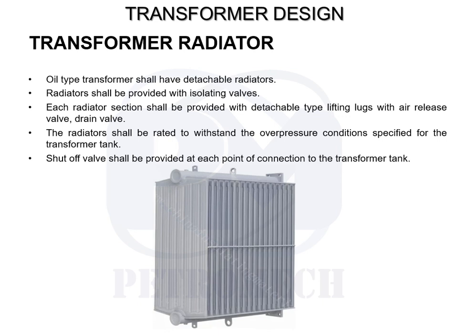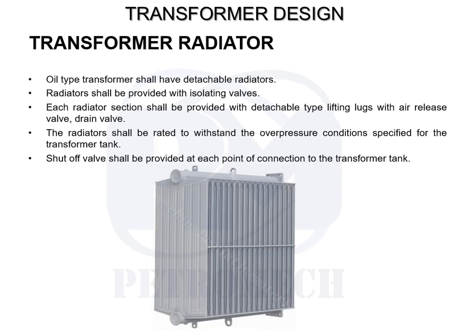Next is the transformer radiator. An oil type transformer shall have a detachable radiator which you can remove for any maintenance purpose. The radiator will have provisions for isolating valves. Each radiator section shall be provided with detachable type lifting lugs with air release valve and drain valve.